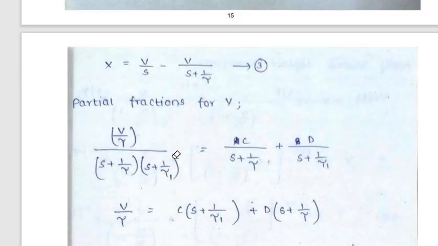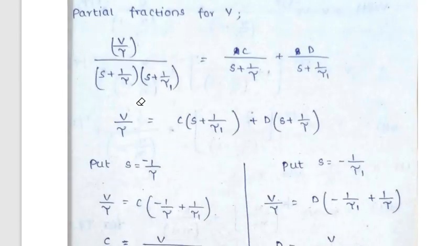Next, apply partial fractions for y, that is equal to V by tau whole by s plus 1 by tau into s plus 1 by tau 1. Therefore, it can be written as C by s plus 1 by tau plus D by s plus 1 by tau 1. V by tau is equal to C into s plus 1 by tau 1 plus D into s plus 1 by tau.